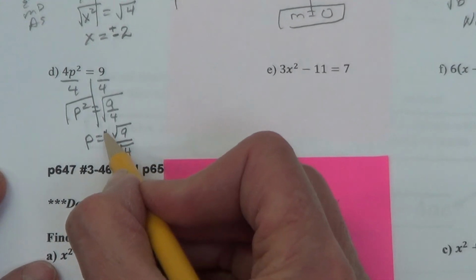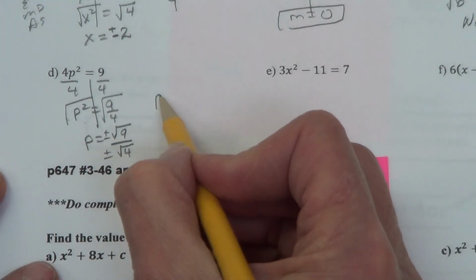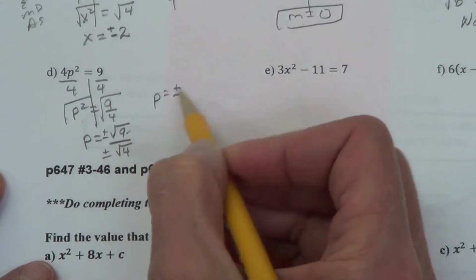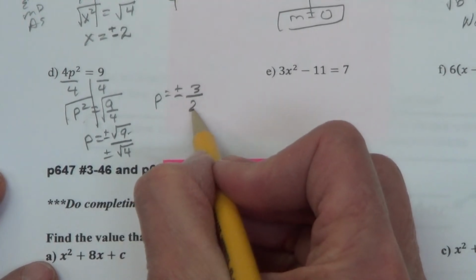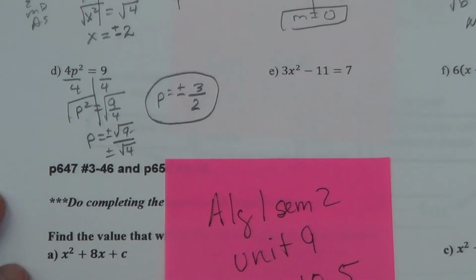And those could be positive or negative now. So we have p equals plus or minus, what's the square root of 9? 3. Square root of 4, 2. And just write 1 plus or minus out to the front. Okay.